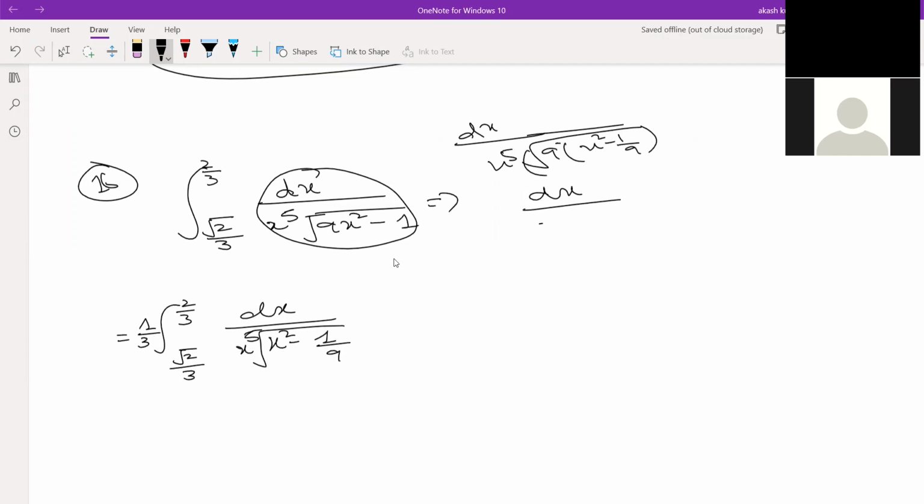So it will become dx over x to the power 5, and 9 becomes 3, and inside will be left the square root of x squared minus 1 over 9. Is it clear?